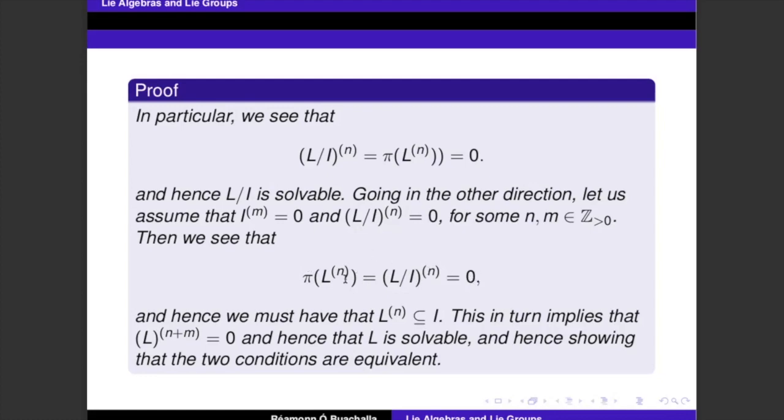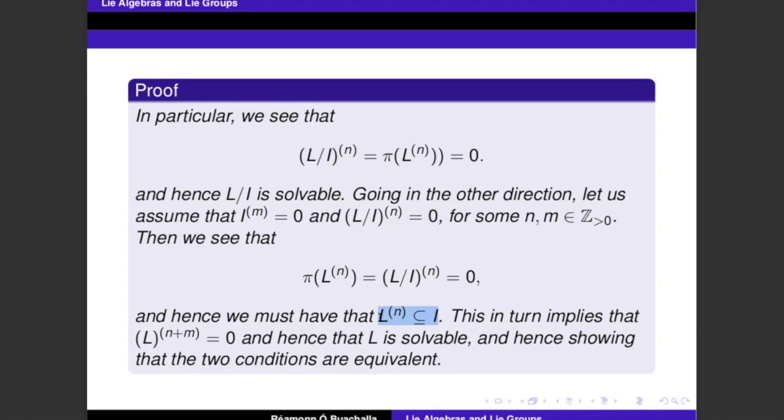What does that mean? We'll just look at the definition of the quotient space. If something is 0 in the quotient space, that means that it must have been contained in the ideal. Okay? By definition of what the quotient is.